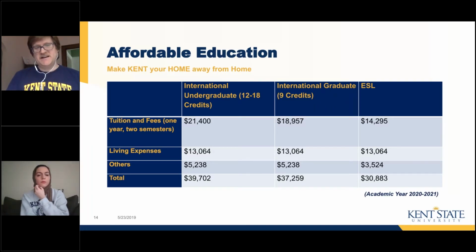So this is just an estimated expenses of what they might spend while they're here in the US during that one academic year. So you'll see there's the undergraduate, graduate, we base that off of 9 credits, which is the 8 credits is the full time. Usually students will do 3 classes, 3 credits each. So that's just to give you an idea of what that is per semester.